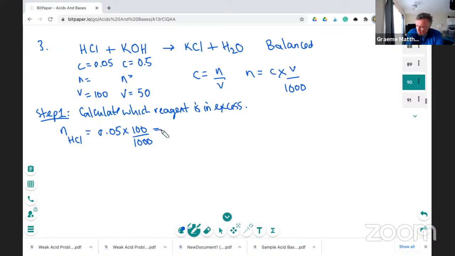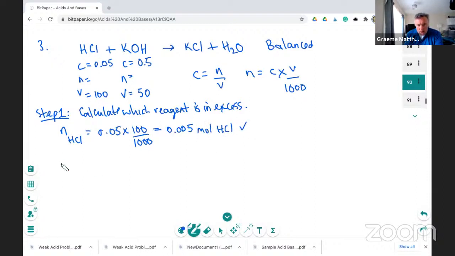I think that should be 0.005, but let me check my mental math. 0.05 times 100 divided by 1,000. Yeah, I got 0.005 moles of HCl. All right, this one, check.